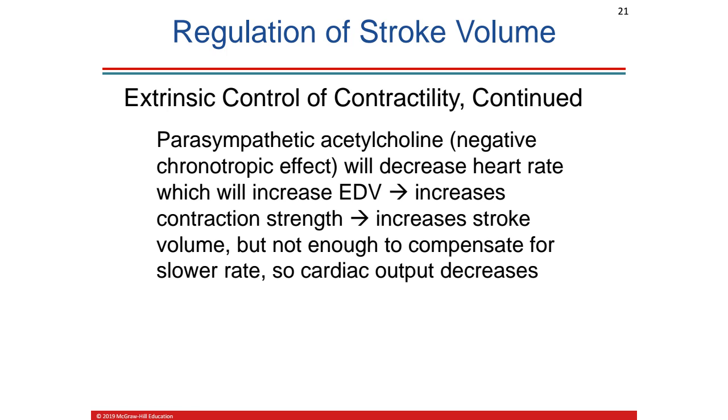Cardiac output itself will actually drop, and that's because, recall, cardiac output is the product of stroke volume and heart rate. And so the decrease in heart rate means that there'll be overall a decrease in cardiac output.